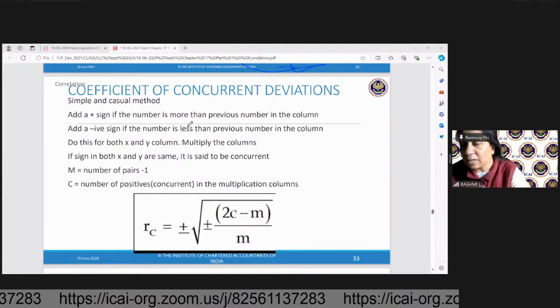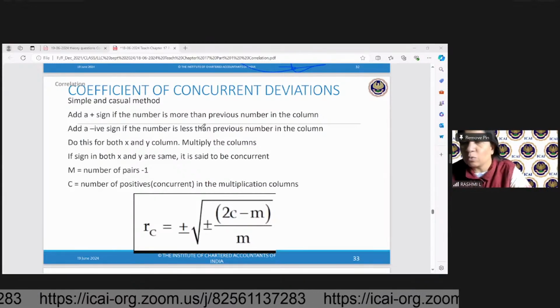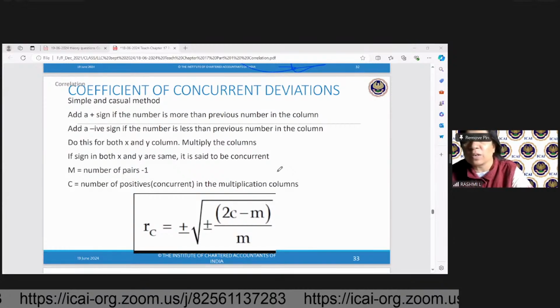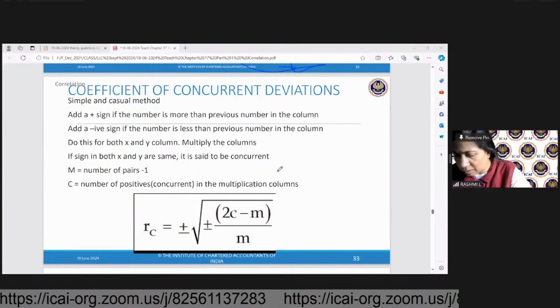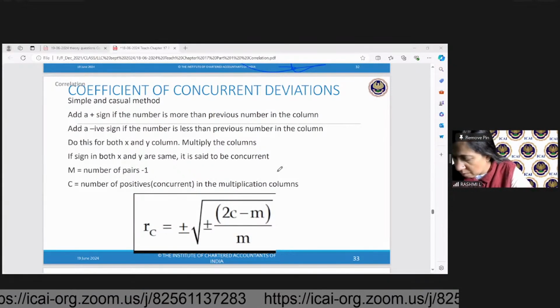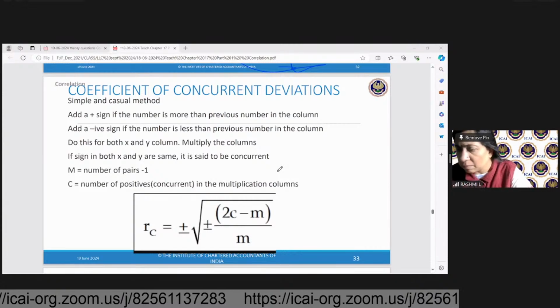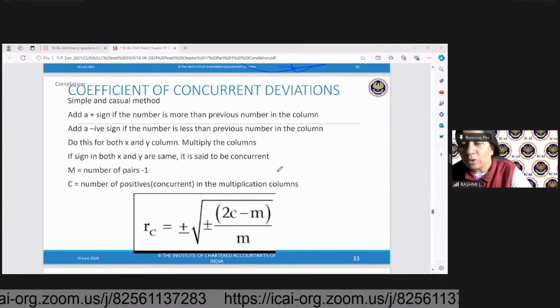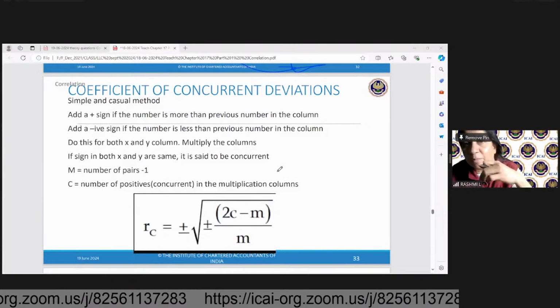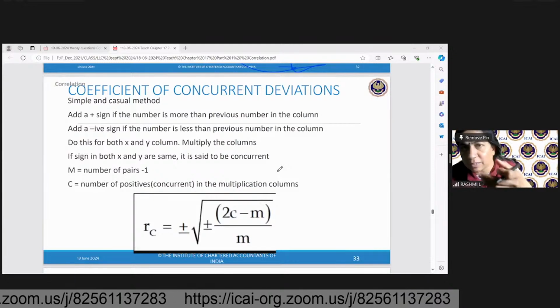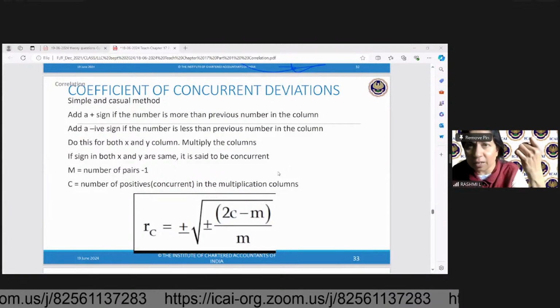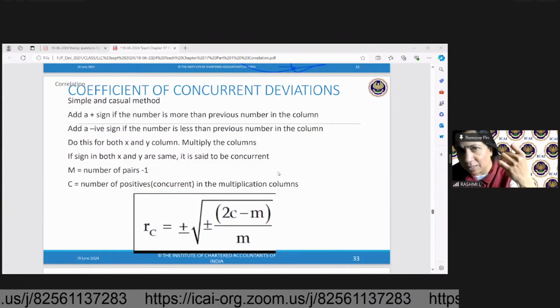As I told you, this is a very convenient and easy way to find out whether there is a correlation between two variables. So what you have to do is, if the succeeding number is bigger than the earlier number, you will add a plus sign.